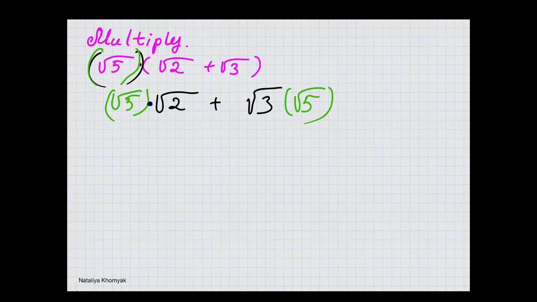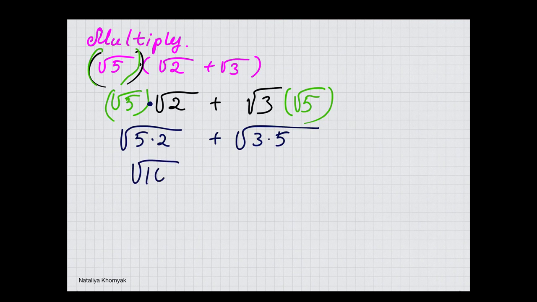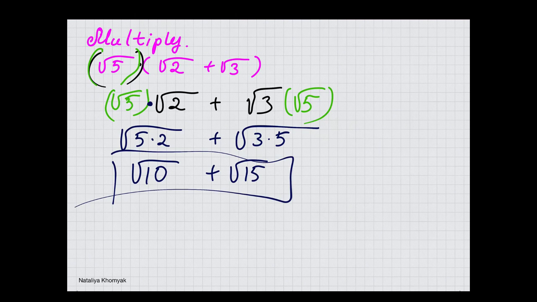Now I'm going to bring each of the radicands under the same root, so we have square root of 5 times 2 plus square root of 3 times 5, and this becomes square root of 10 plus square root of 15. These are not like terms, so this is our solution.